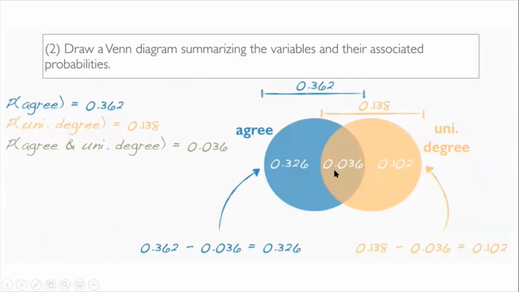The intersection is 0.036, and those who agree is this one, 0.326, and from this end to the intersection is 0.36, and then we subtract the intersection to get the part without the intersection. Anyway, do the same for the other. This should be fairly easy.